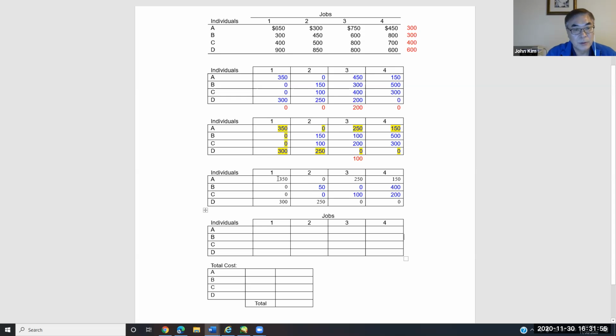Then do it again. Cover all zeros using lines. There are two here, so I will cover this column. And then there are two here. It doesn't matter whether I use horizontal or vertical, so I will use this horizontal line.